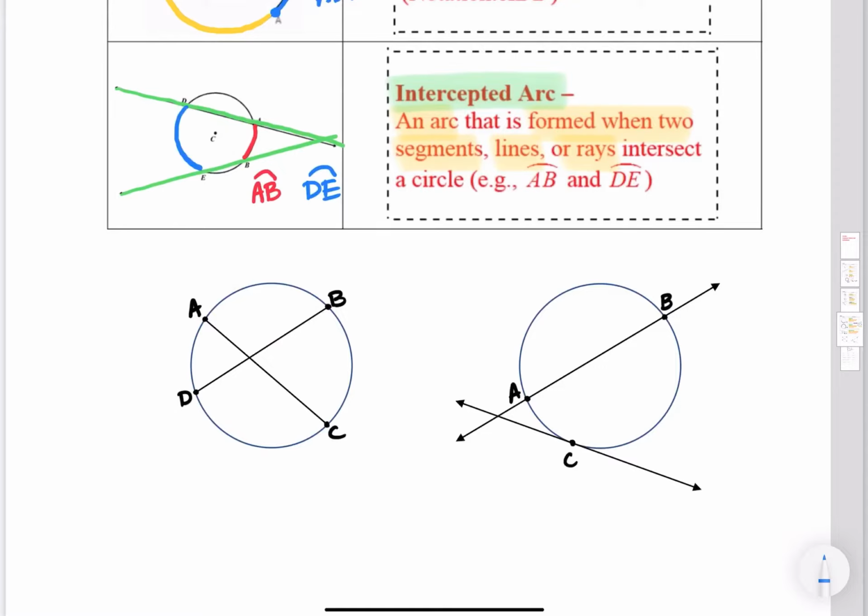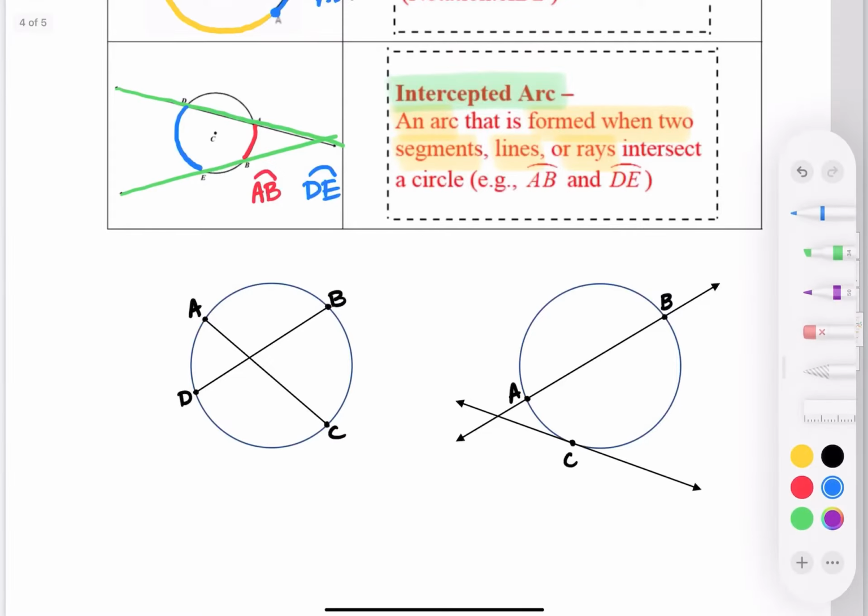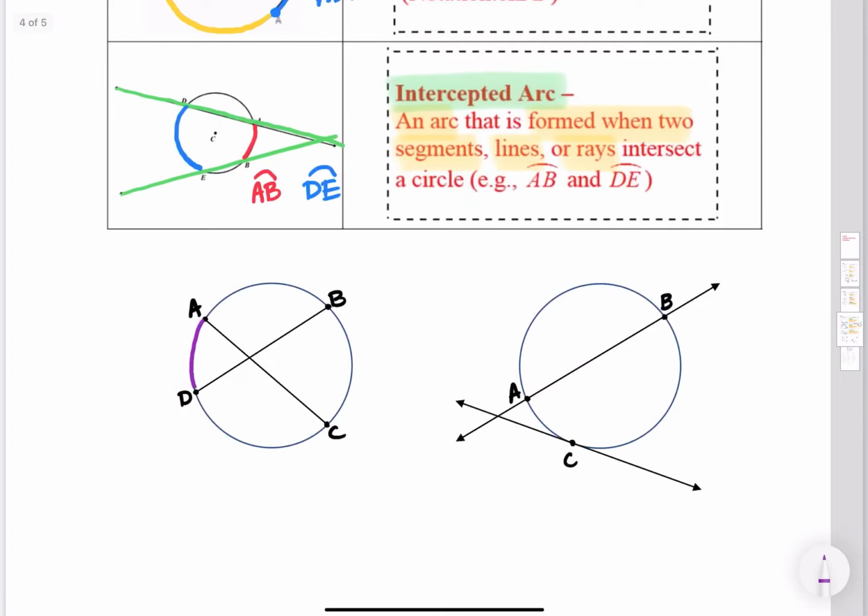Below I have a couple more, and on the left we have two chords. The two chords are also going to intercept a couple of arcs. If we look at it in terms of left and right, the two chords intercept the two arcs AD and BC.